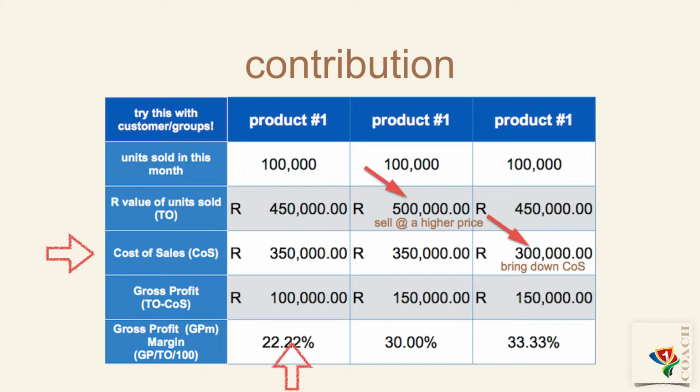Let your accountant guide you in this decision. Then, our model works out the gross profit, the GP, by subtracting the cost of sale from the turnover.